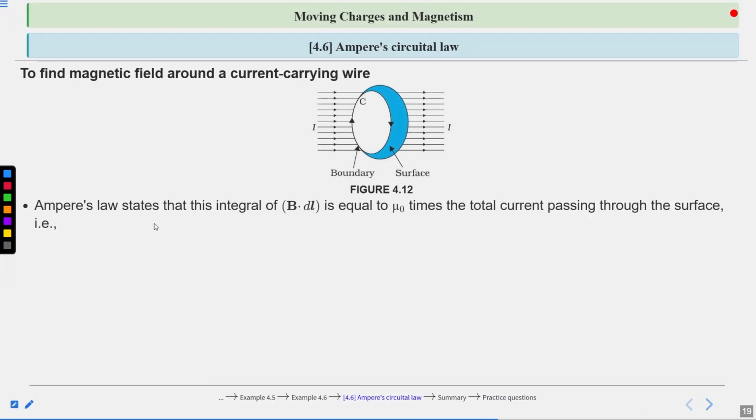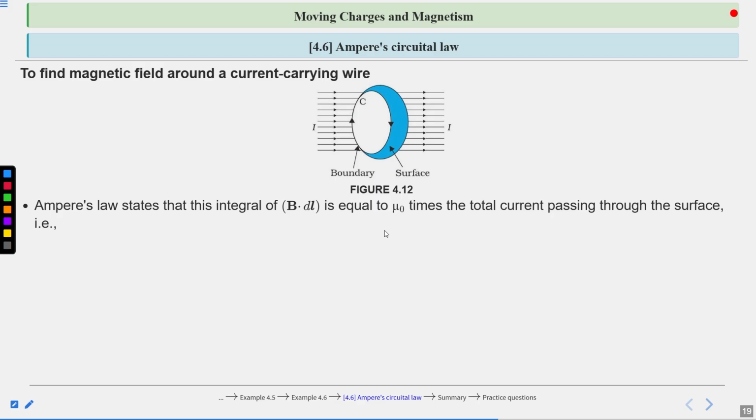So Ampere's law states that the integral of B dot dl is equal to mu naught times the total current passing through the surface. Now you can draw the analogy with Gauss law. What was Gauss law? The closed integral of the product of electric field and area vector is equal to charge enclosed upon epsilon naught.